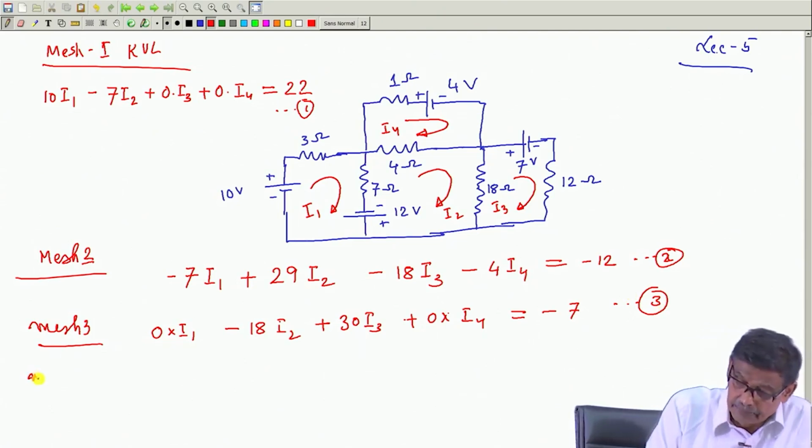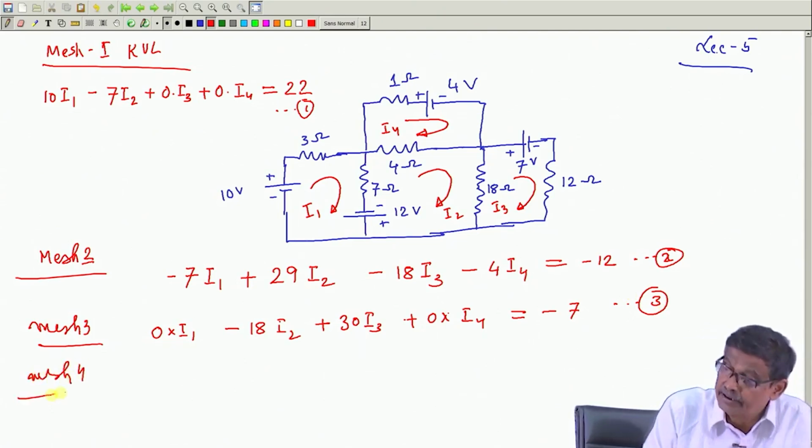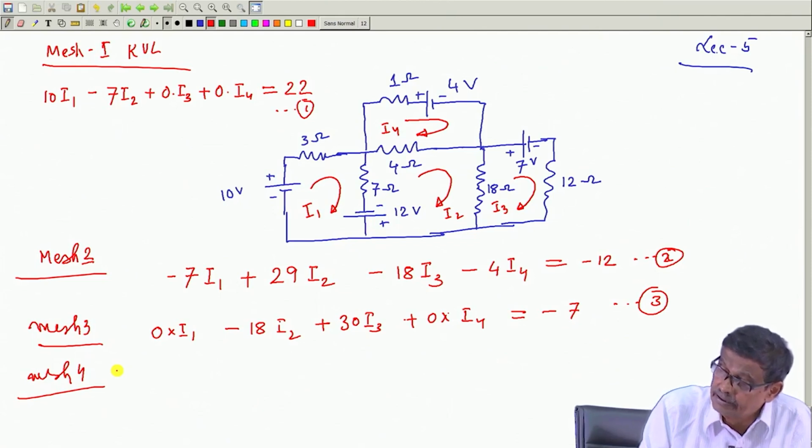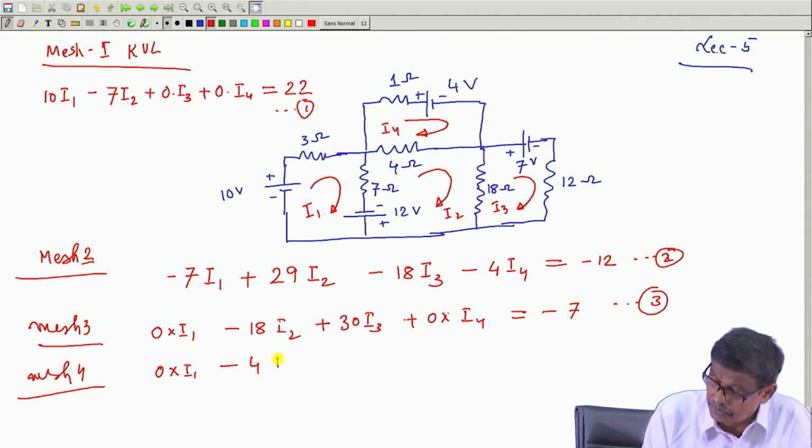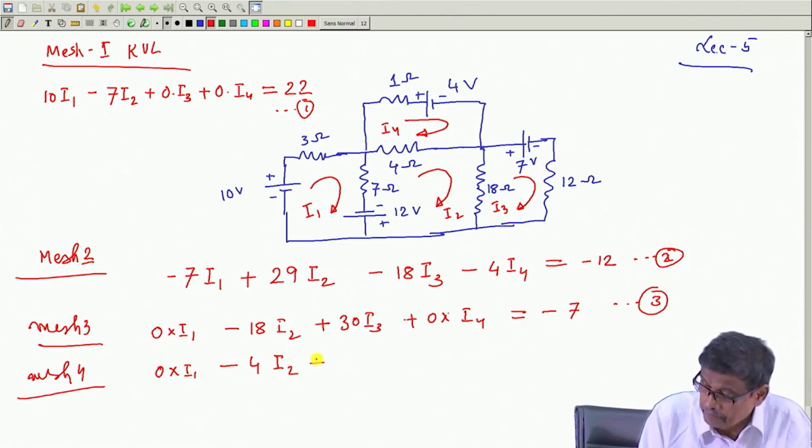And finally, mesh 4. Very quickly let me write the coefficient of I 1 in mesh 4, 0. Coefficient of I 2 in mesh 4, yes, there will be, because there is a common resistance, minus 4 I 2. Coefficient of I 3 in mesh 4, 0.